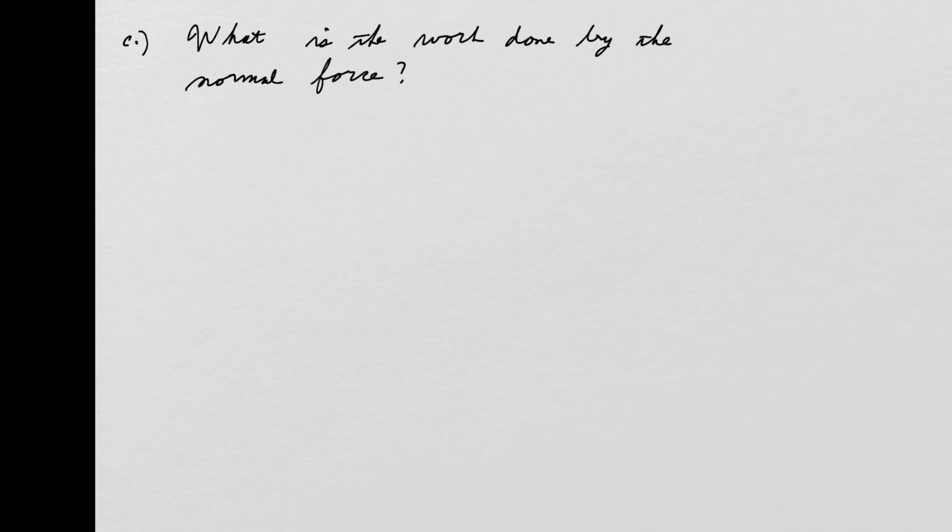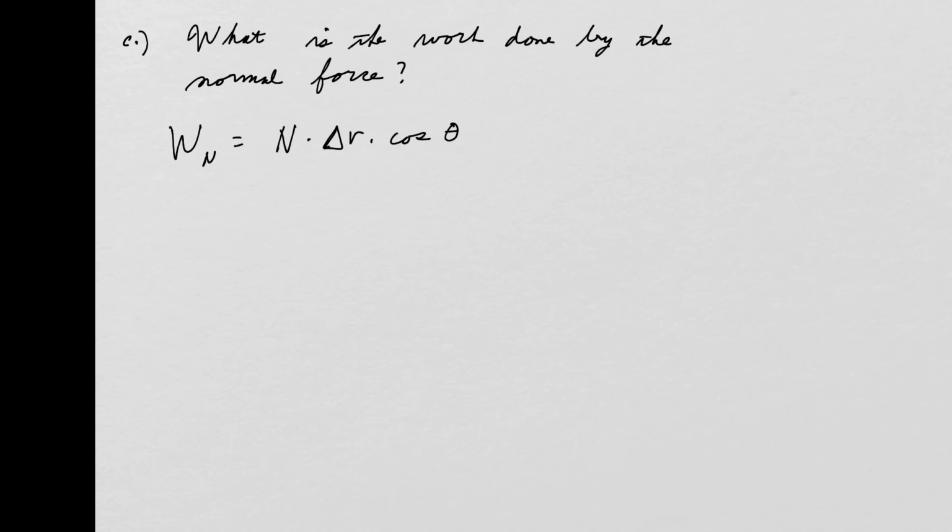Well, we can use our formula, right? The work done by the normal force in general is going to be the magnitude of the normal force, which we know now, times the displacement, times cosine of the angle between the normal force and the displacement.